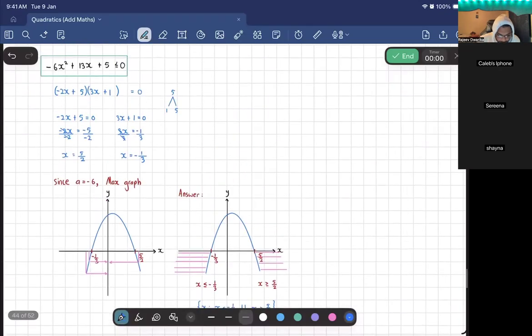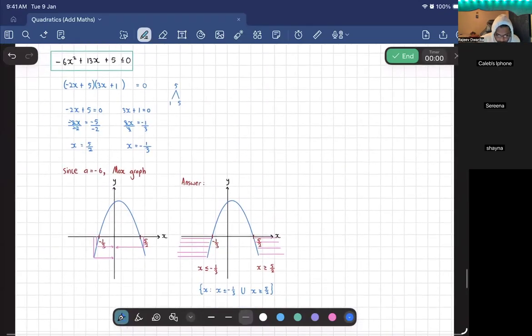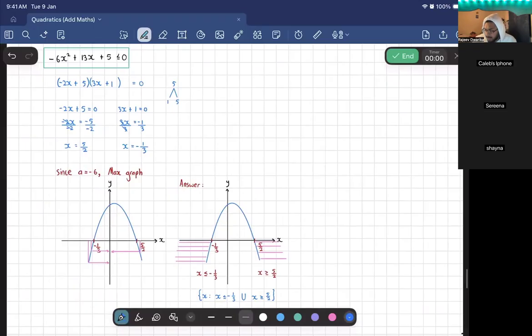So if you need to copy down the corrections, please do so. I have a class just now, so I'm going to end now. I will send some homework. All right, Caleb, I see you drew your graph correctly. That's the correct graph I need to draw. Caleb, I need you to be 100% honest with me.